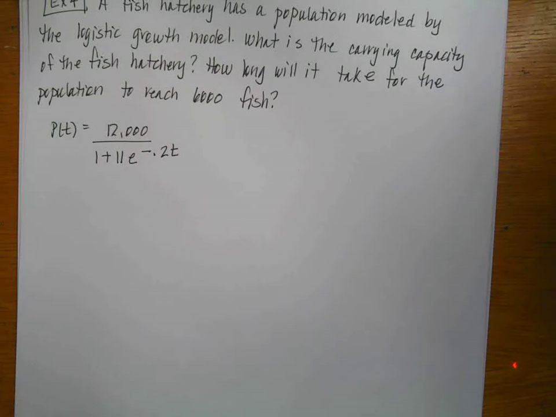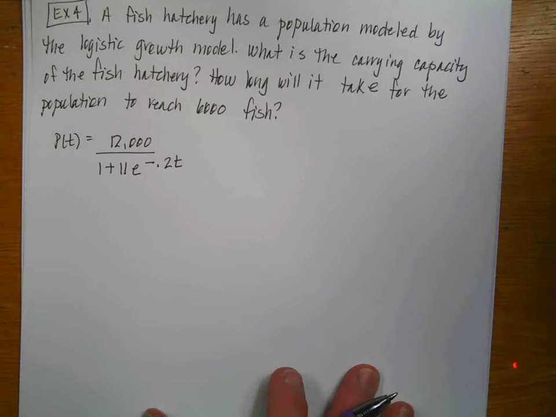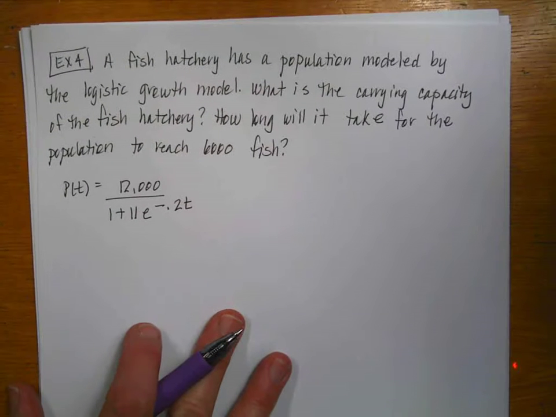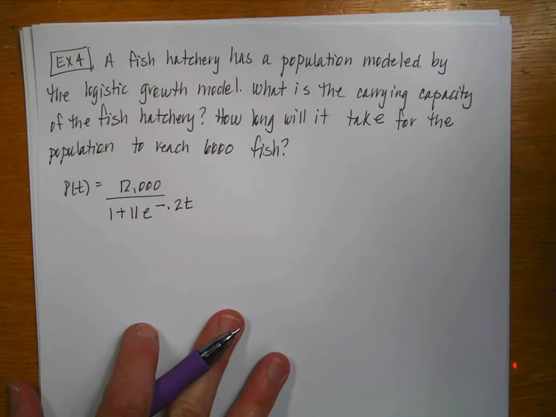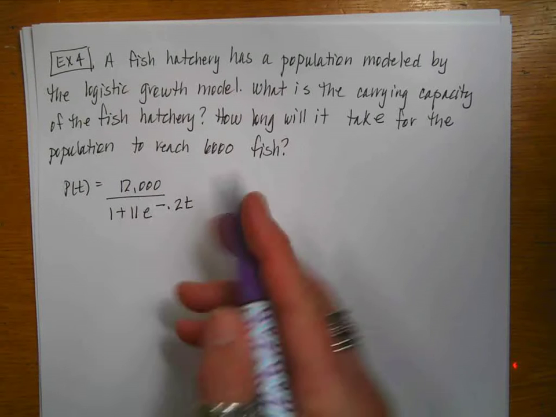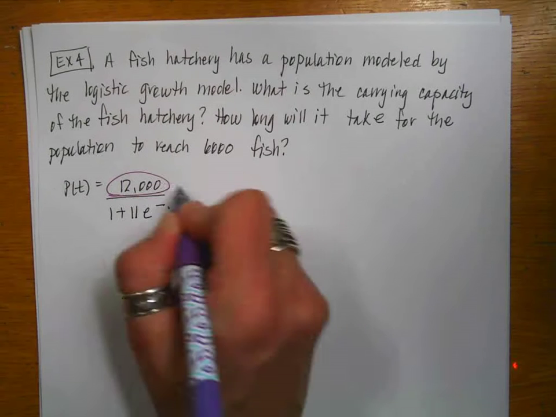Alrighty, I have one more example for us. Example number 4: a fish hatchery has a population modeled by the logistic growth model. What is the carrying capacity of the fish hatchery, and how long will it take for the population to reach 6,000 fish? So here's our model.